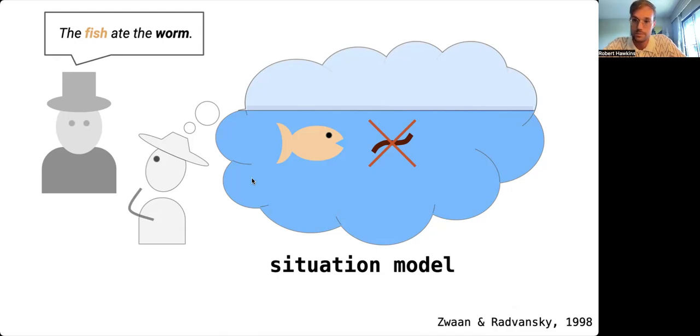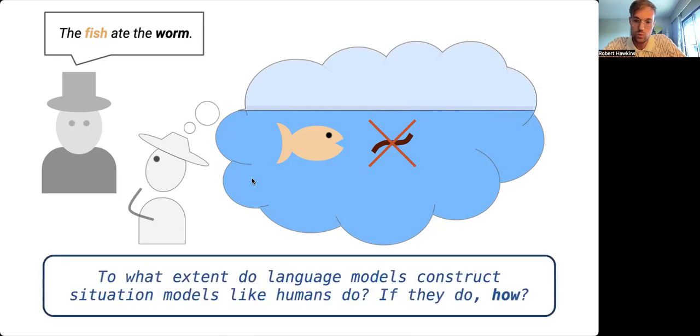In this work, which we presented earlier this summer at the ACL conference, we were interested in the extent to which large language models construct situation models like humans do. And if they do, what is going on under the hood that allows them to do so?